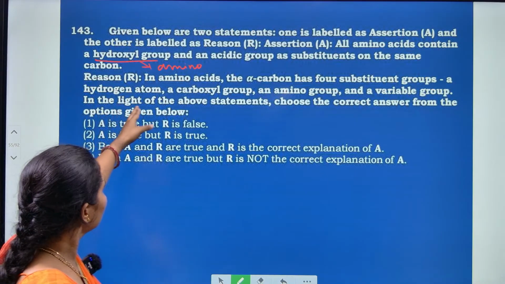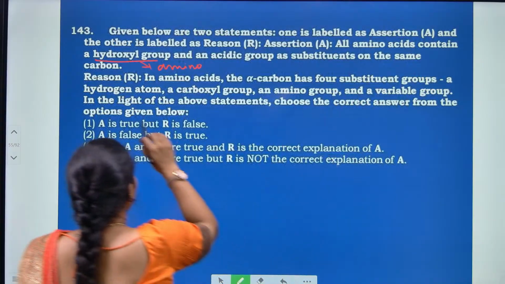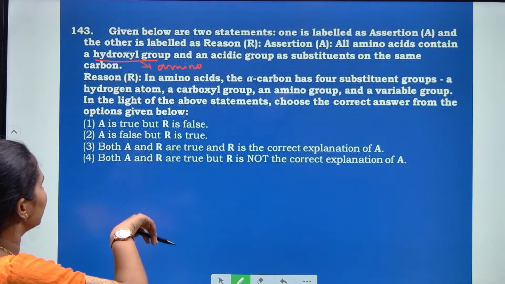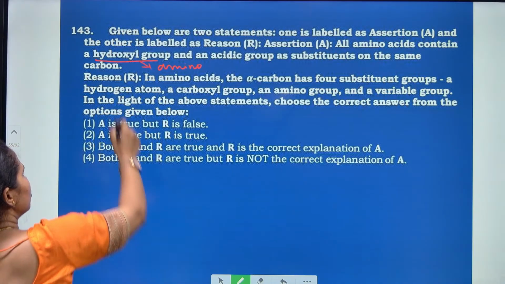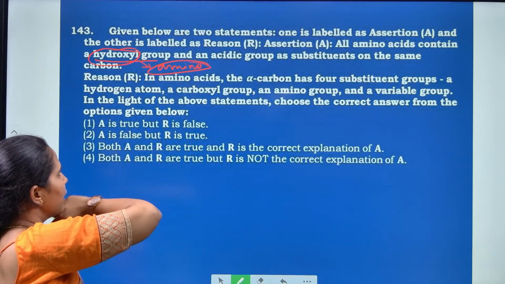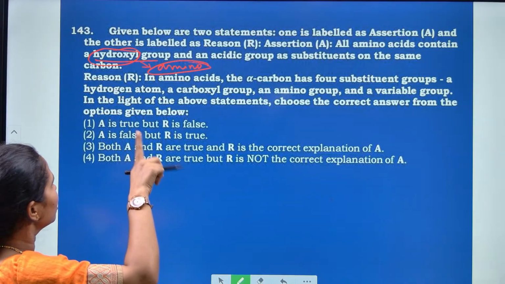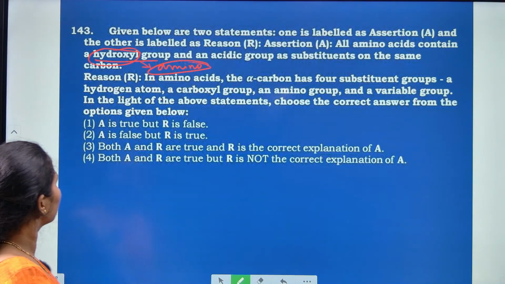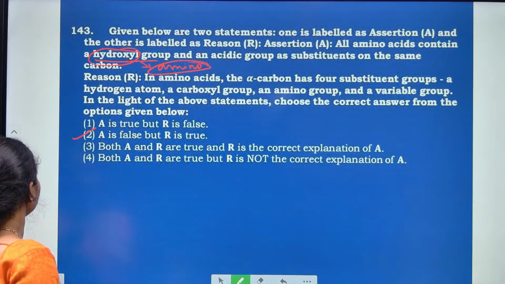And the reason is, in amino acids, the alpha carbon has 4 substituent groups: the hydrogen atom, the carboxylic group, the amino group, and the variable group. So instead of hydroxyl, there should be what? There should be an amino group here. So the assertion is false and the reason is true here. A is false, but R is true here.